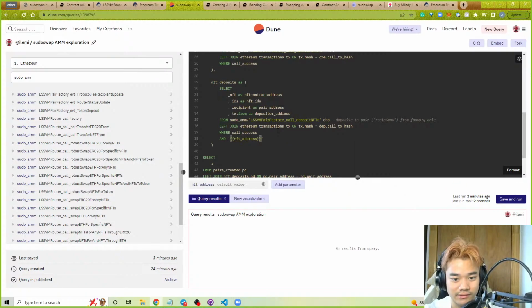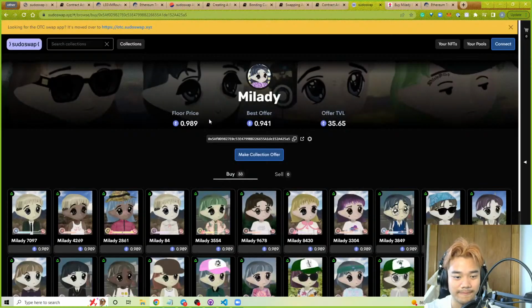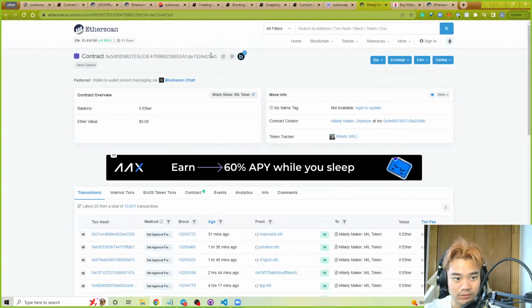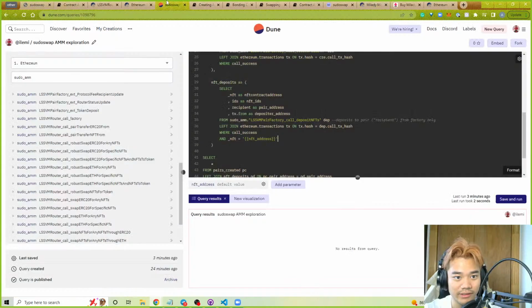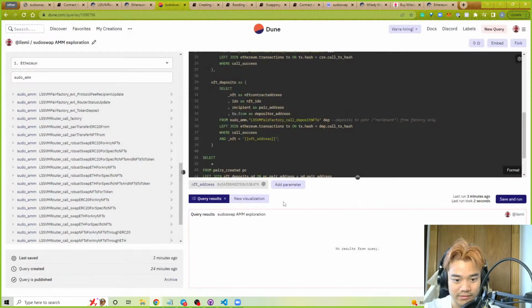NFT address. So what is the Milady is here. Let's add a default value. Text is just fine.